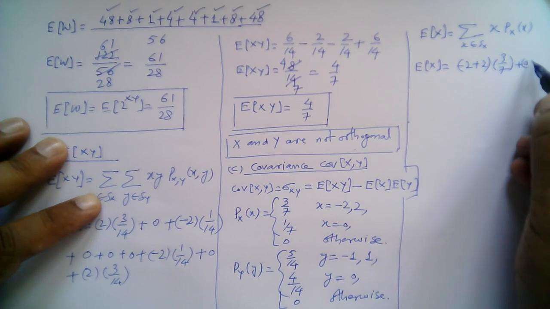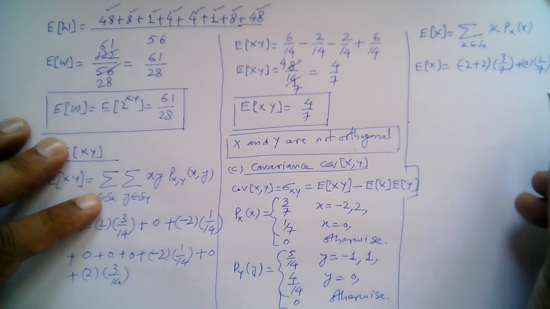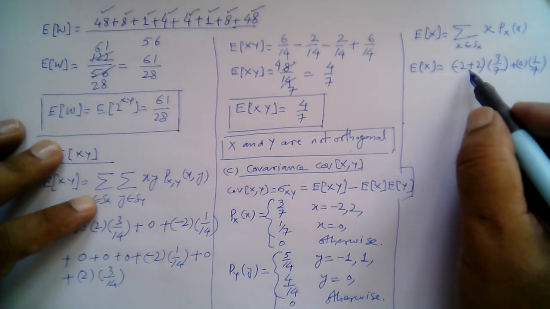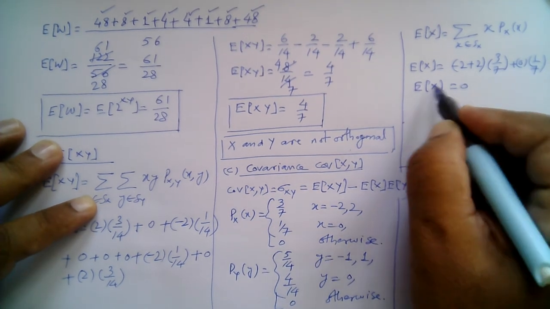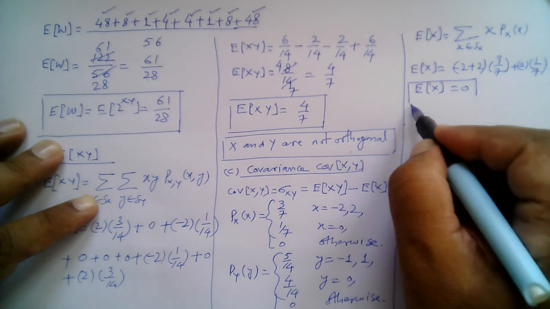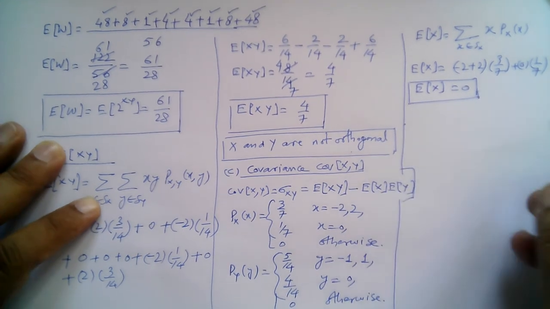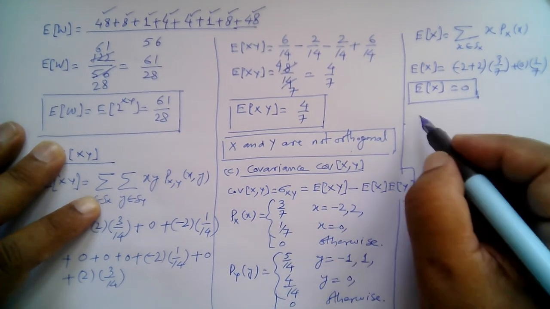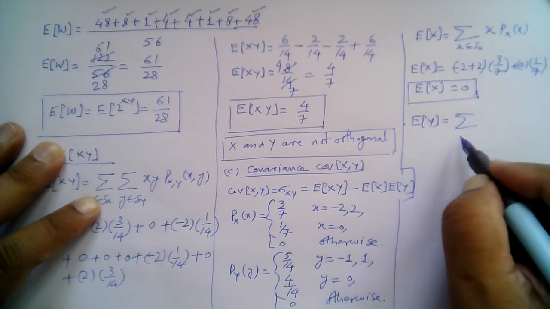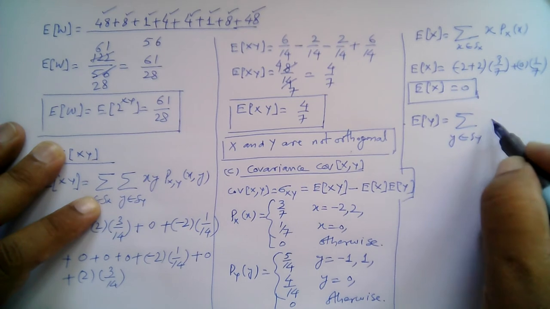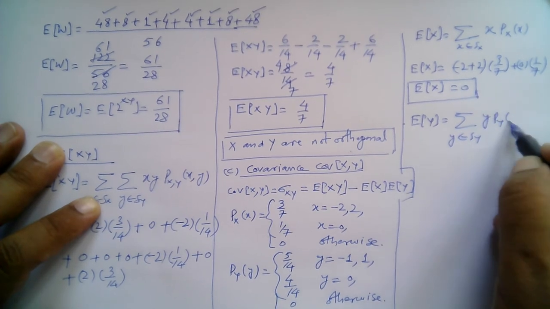As we can see, this is 0, so expected value of x is 0. In a similar manner, the expected value of y is given by the sum over y element of S of y of y multiplied by py of y.